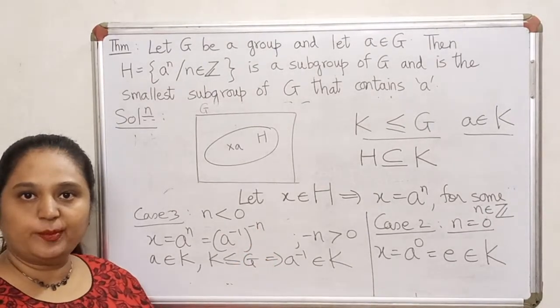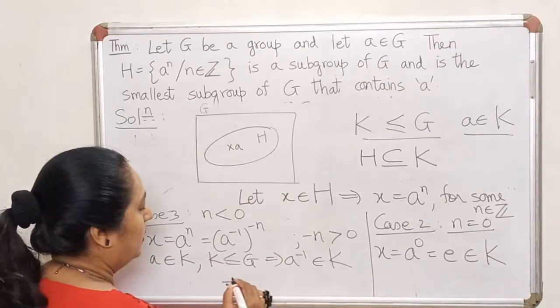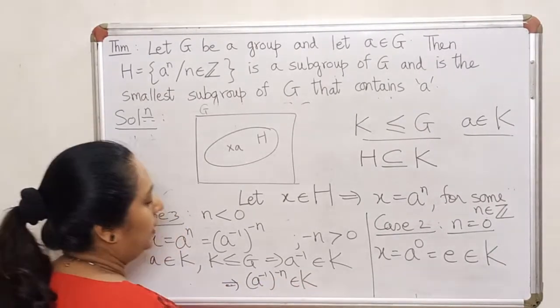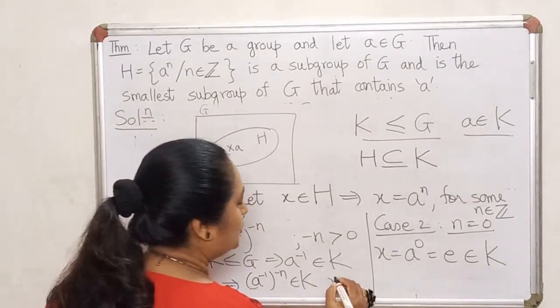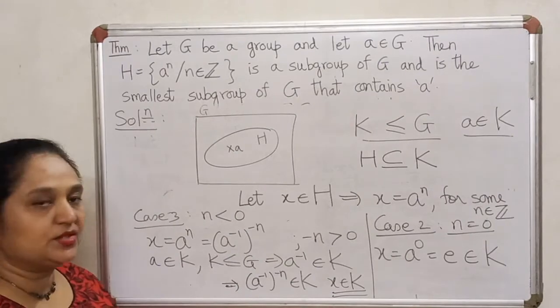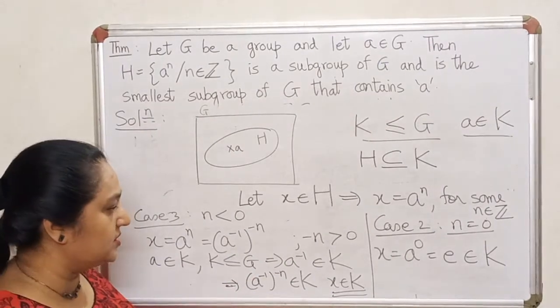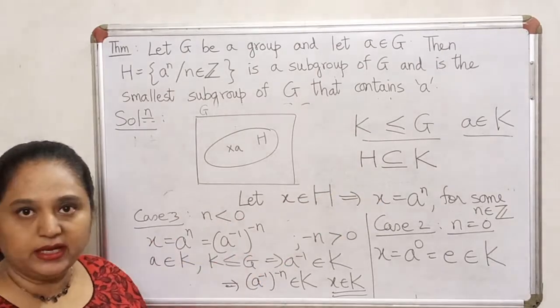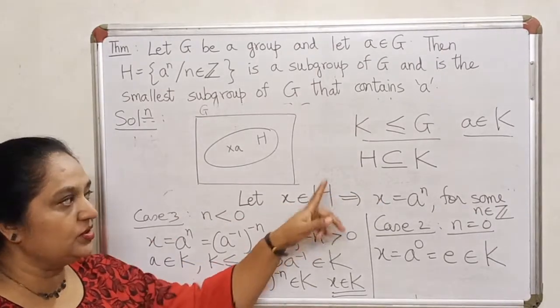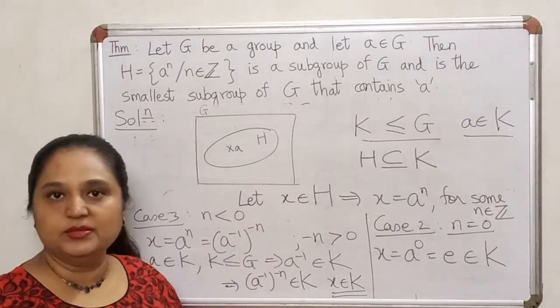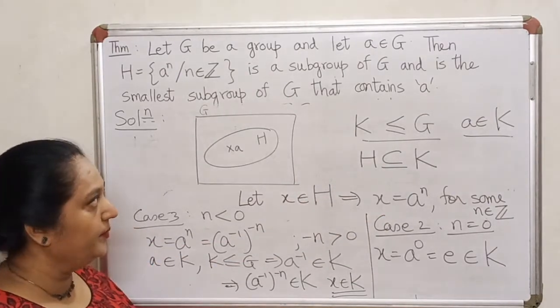So by closure property, A inverse raised to minus n will also belong to K. And that means in this case also, X lies inside K. So in all three cases, whether n is positive, negative or 0, I have proved that the element X also lies inside K. So every element of H lies inside K, and therefore H ultimately becomes a subset of K.